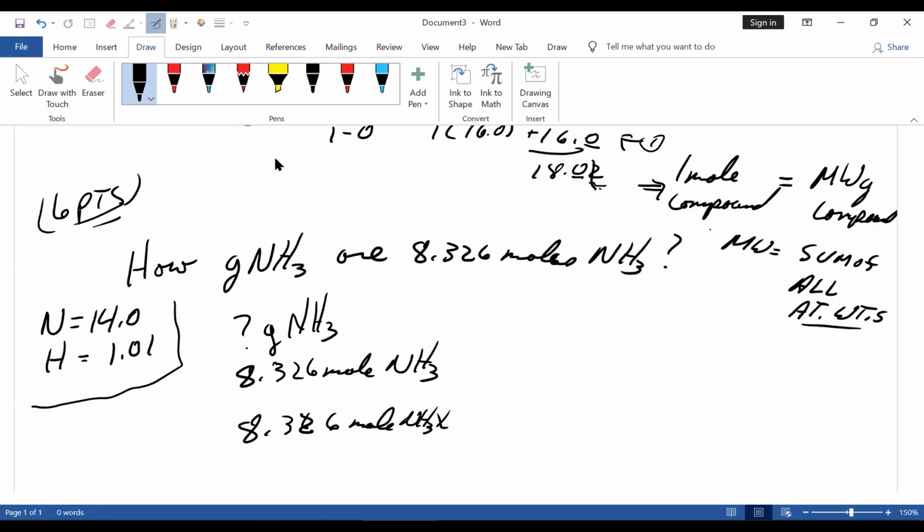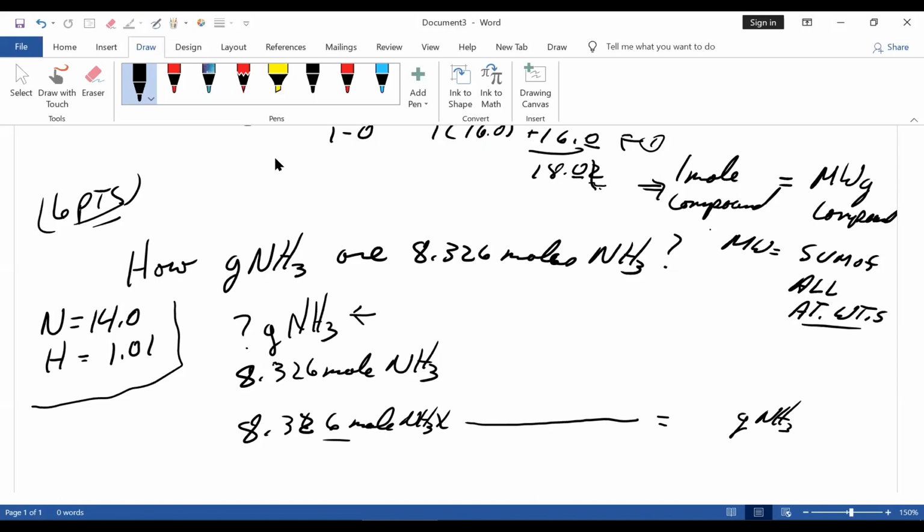And if there were some magic conversion ratio that I could convert this number to my answer, what units do I want my answer in? This is why you take the time to figure out what you're trying to find. Grams of ammonia.